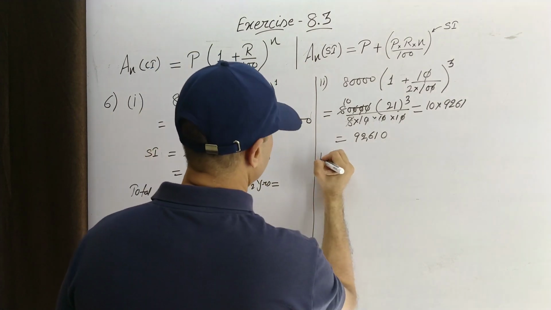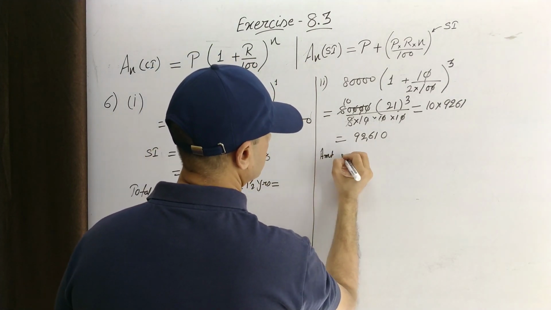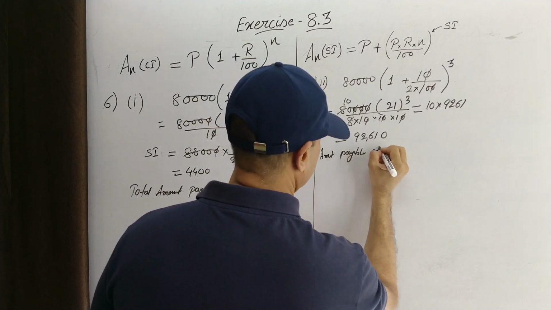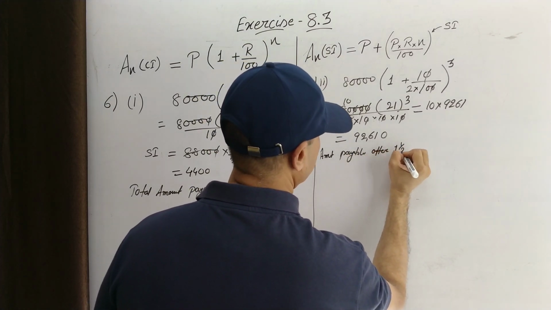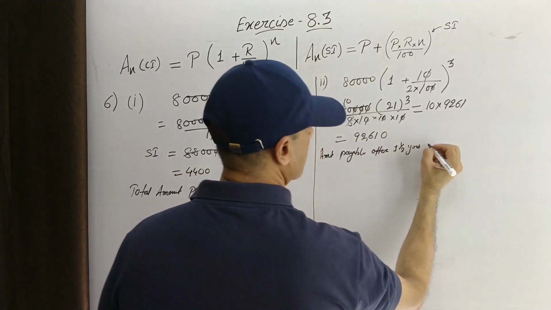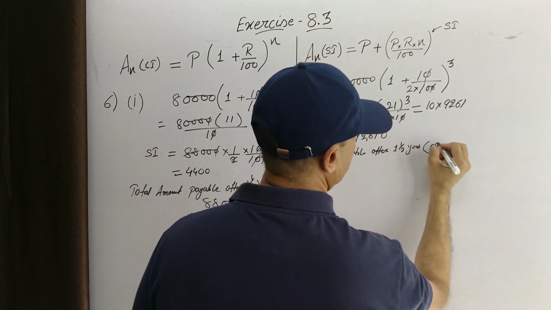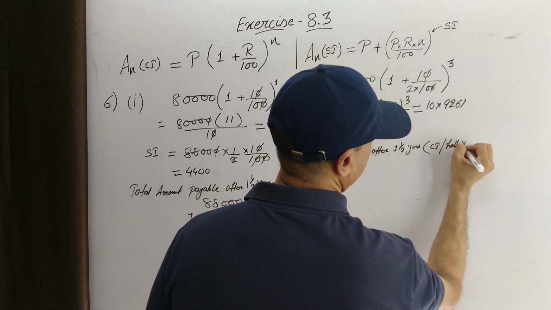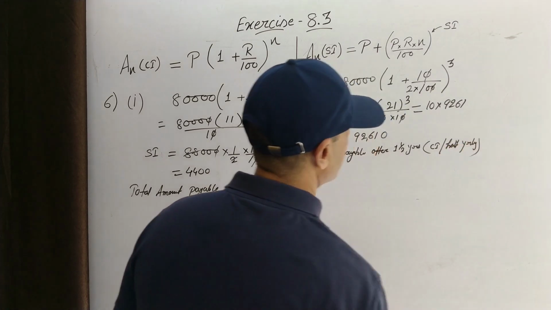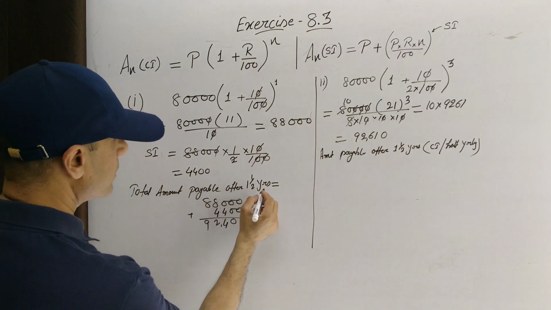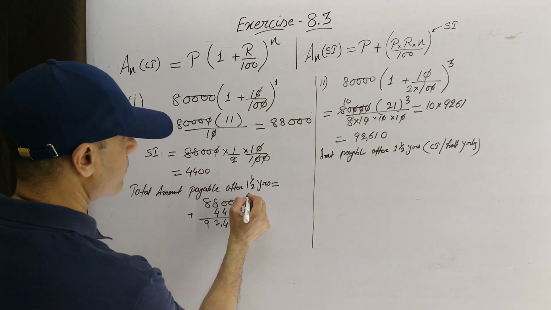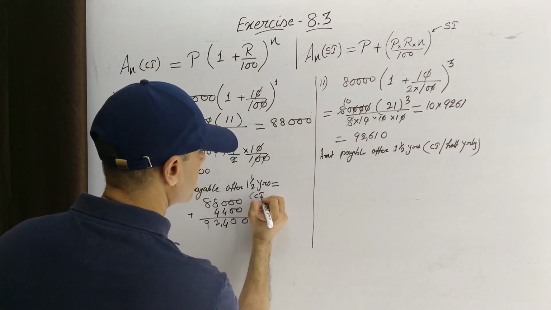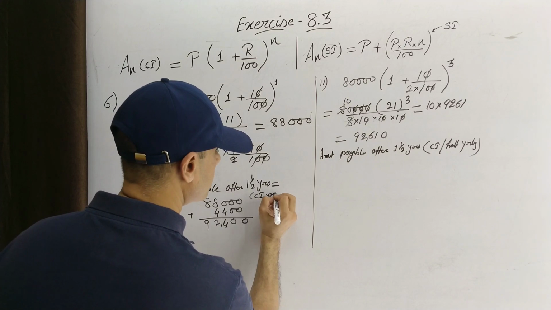This is amount payable after 1.5 years compound interest half yearly. Okay, and we have already calculated total amount payable after 1.5 years compounded interest yearly.